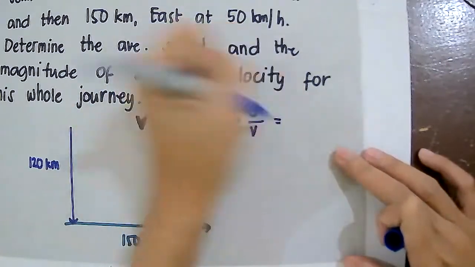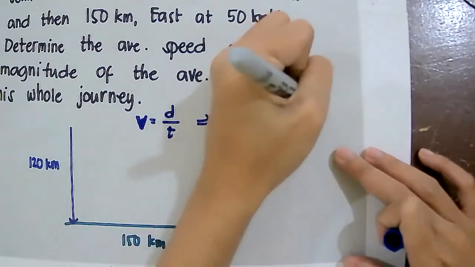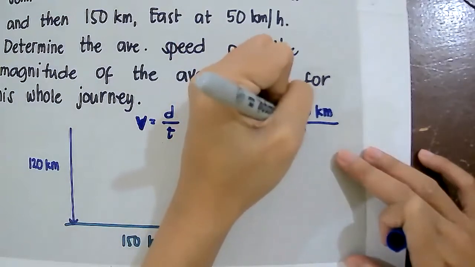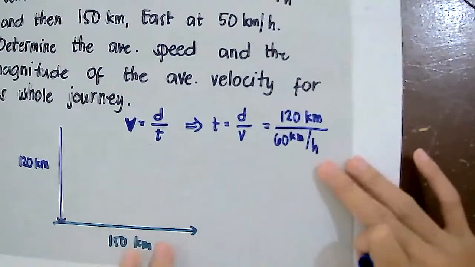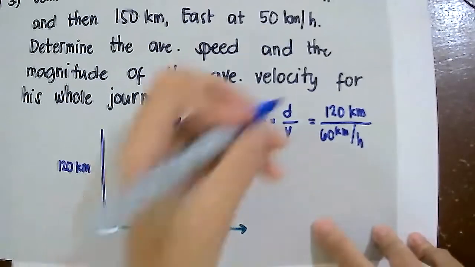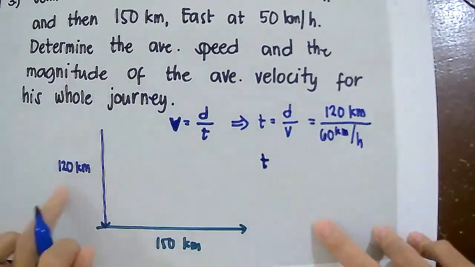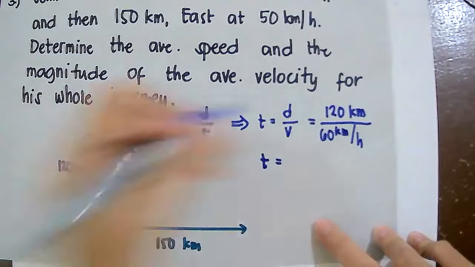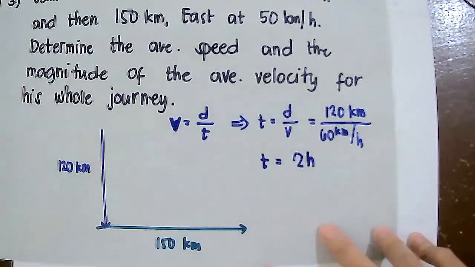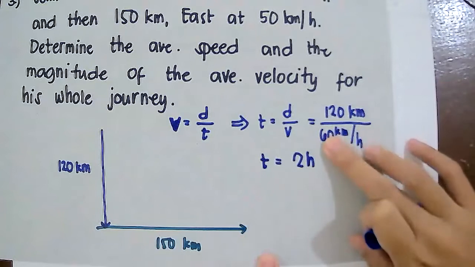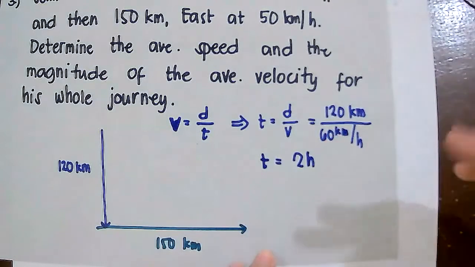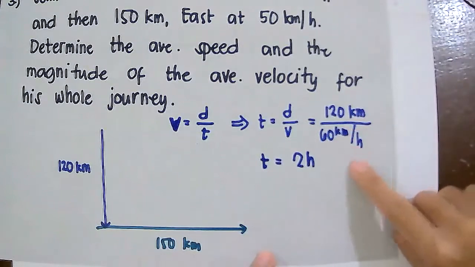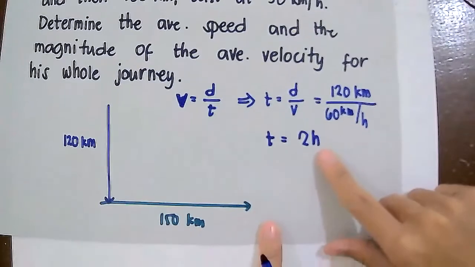Now, your distance is 120 divided by 60 km per hour. So you will now have the time it took for this journey is equivalent to 2 hours. So 120 divided by 60, you will get 2, and then makancel out si km, you will be left with hours. So yun na yung unit natin for your time.